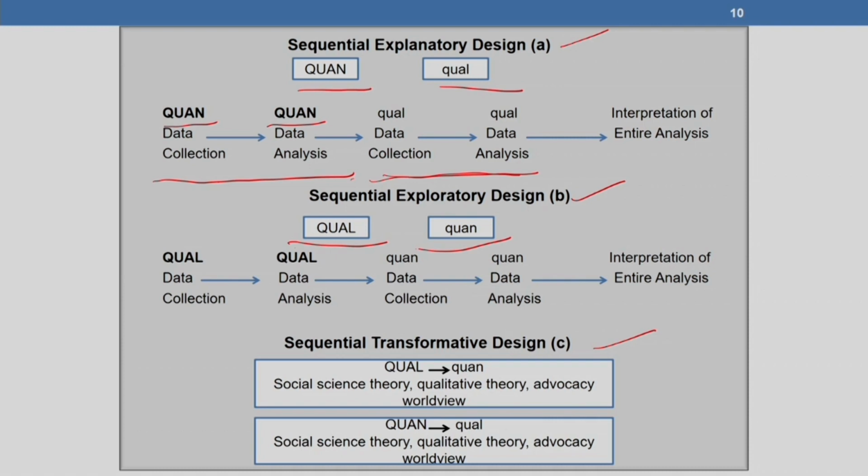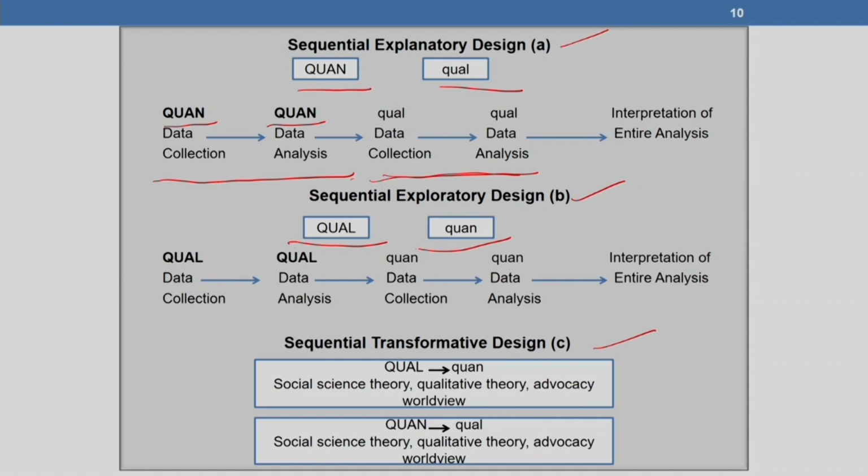Now, what is happening here is that in the first phase, qualitative data is collected and analyzed, followed by a second phase of quantitative data collection and analysis that builds on the first qualitative phase. As can be seen from the capitalized qual, weight is generally placed in the first phase, and the data are mixed through being connected between the qualitative data analysis and the quantitative data collection.